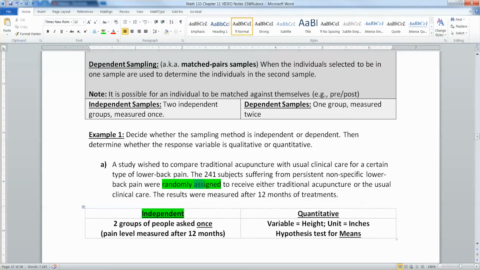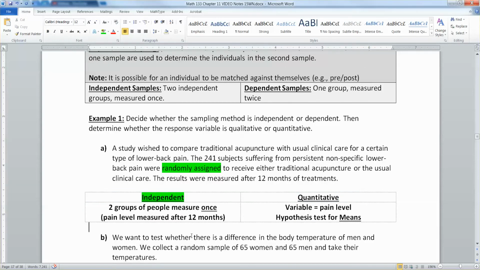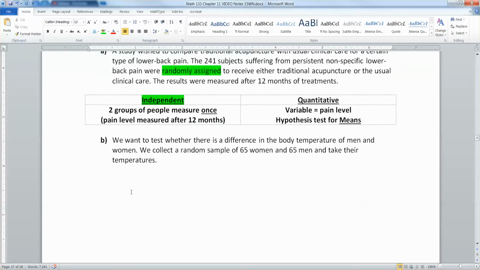Because they're randomly assigned, you're putting two groups of people and you're going to measure one time. You're going to measure their pain level after the 12-month mark. So the variable is pain level. There's probably some kind of scale, but we don't know a particular unit. That means that since it's quantitative, you're going to be doing a hypothesis test for the means here. You're going to want to know the difference between the two groups.